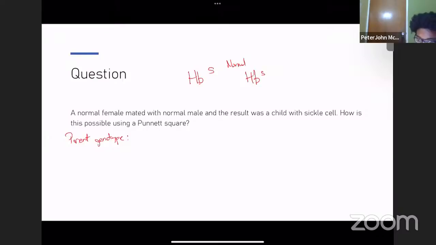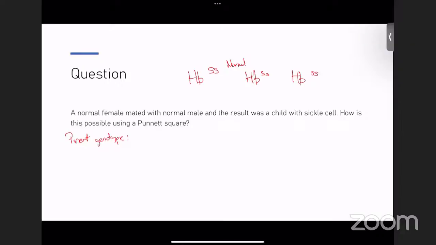So what's the genotype of our parents? What's the genotype of the male? HBSS is normal, HBS small s is a carrier, HB double small s is somebody with sickle cell. My answer is HBSS, two capital S's for the male.